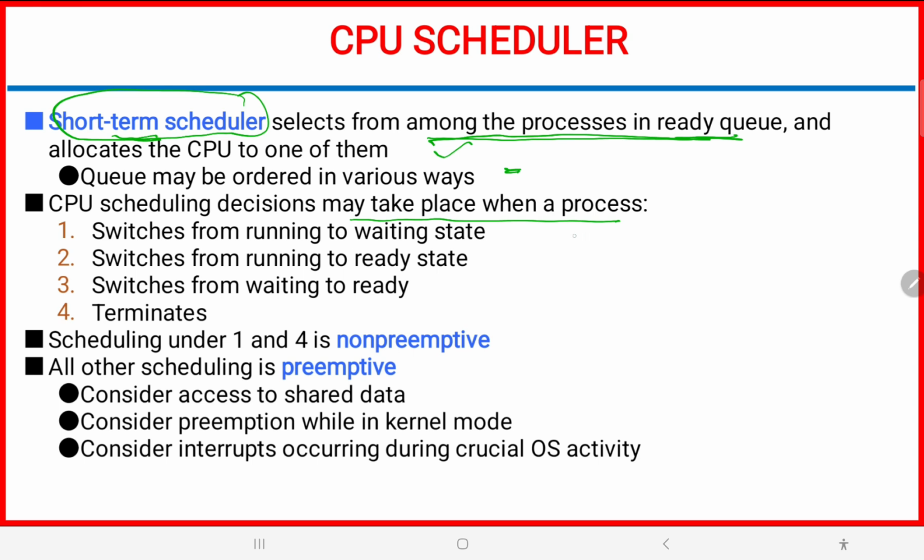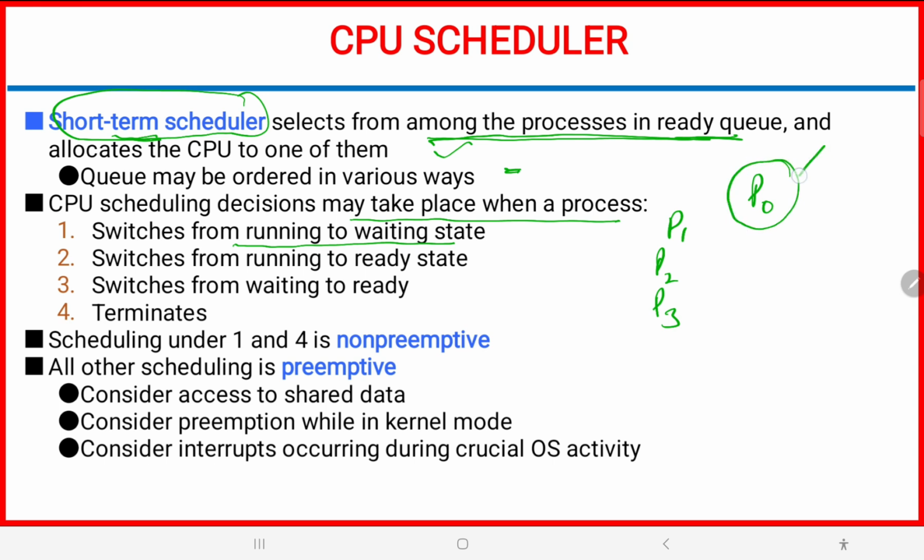This situation arises when switching from running state to waiting state. What I mean to say is, suppose processes P1, P2 and P3 were there, and at time T0 process P0 was executing.